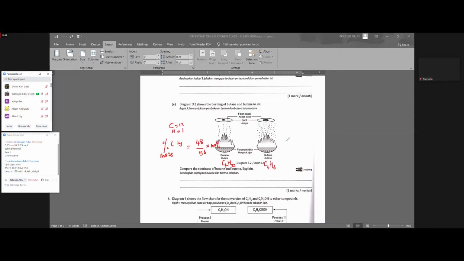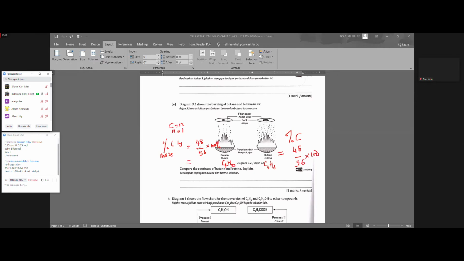So this one percentage of carbon also. Here it will be 12 times 4 is 48. Divided by, 48 plus, no, 56, sorry, 56. 48 over 56 times by 100%. Okay, work out the percentage and tell me. Yes.